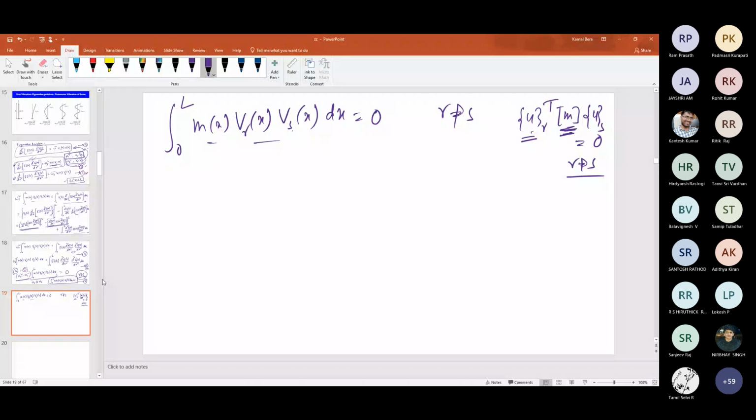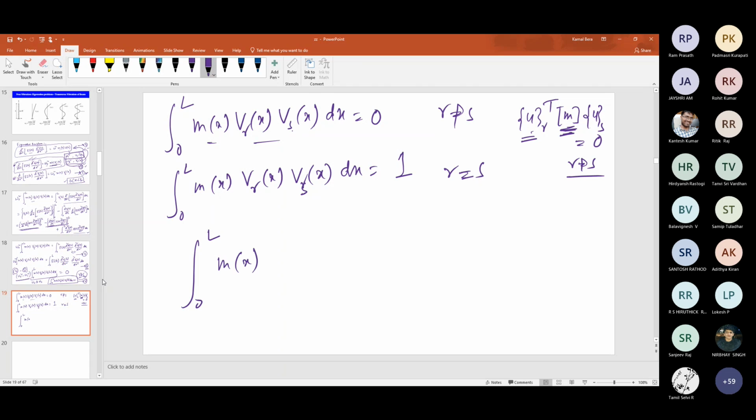Okay, got it? Now we already proved that if my eigenfunctions are mass normalized, then for the same mode, when r equals s, what is on the right-hand side? One, if I do mass normalization. Otherwise there will be some non-zero value. So in combined form I can write dx equals the Kronecker delta rs.